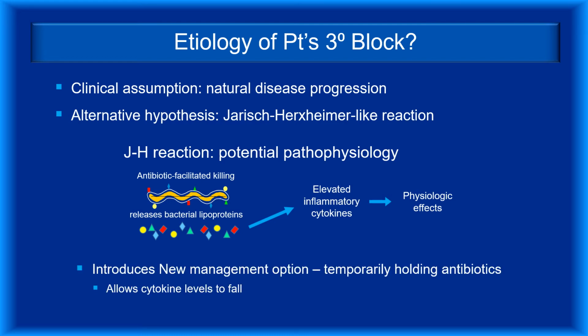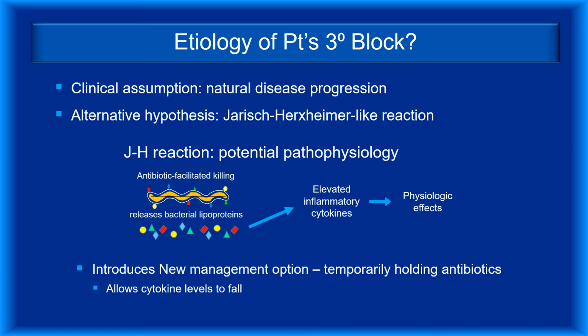The possibility that the change in the patient's cardiac status reflected a Jarisch-Herxheimer reaction introduces another option for managing the situation. While under close in-hospital observation, antibiotics could be temporarily held in order to allow cytokine levels to fall. On resumption, there would be fewer bacteria to kill, and in theory, any subsequent Jarisch-Herxheimer reaction would be less pronounced.